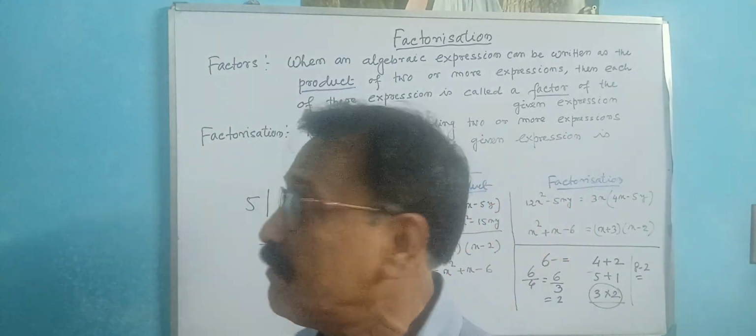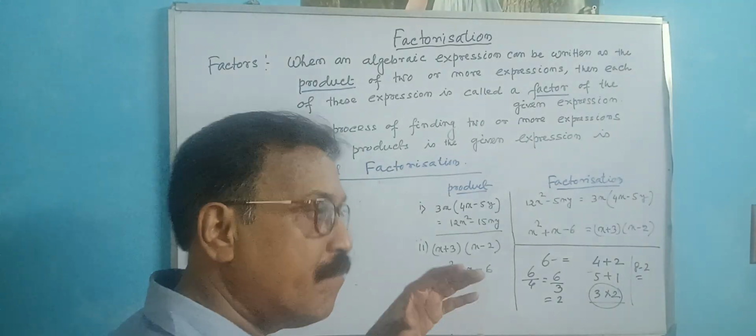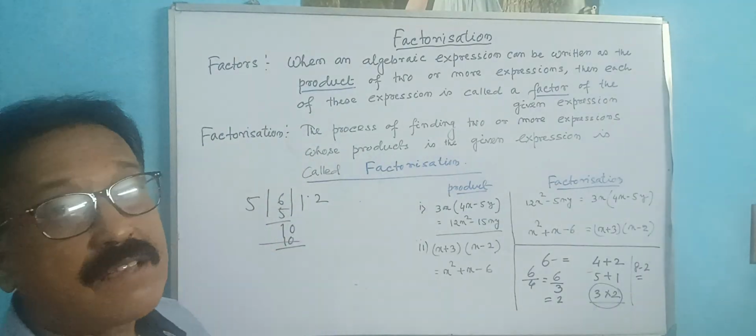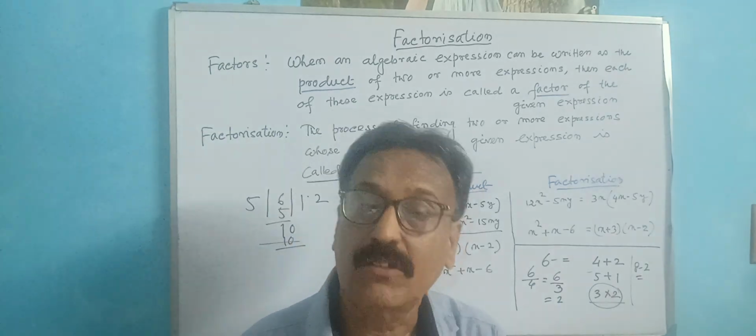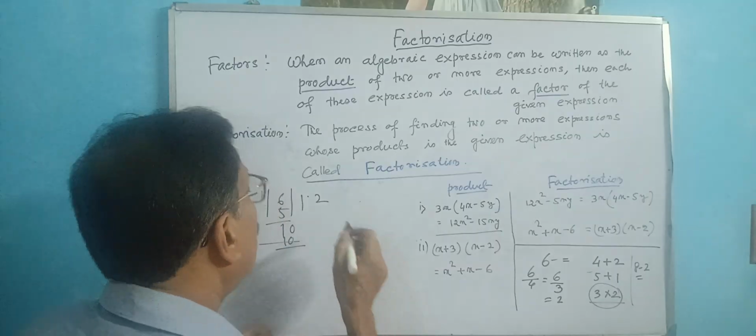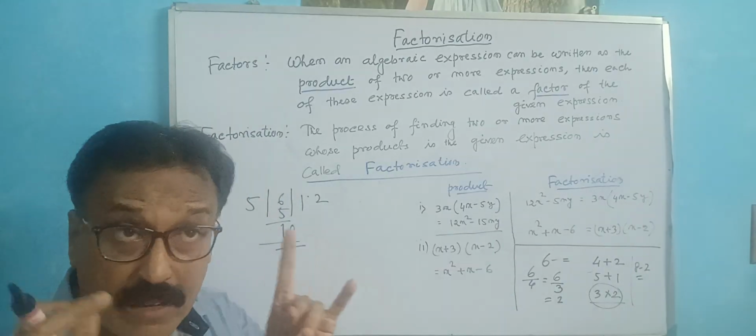This is a very important thing: even if the remainder may not be 0, if the quotient is a decimal, it is not a factor. The quotient must always be a whole number.